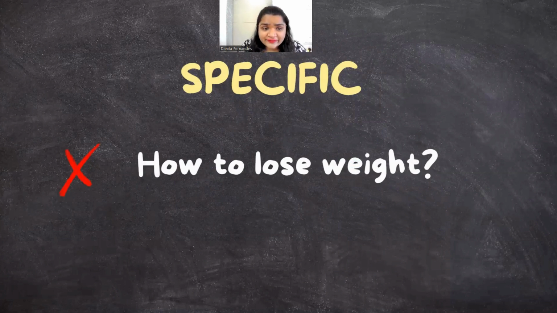When we are specific, our headlines instantly become way better. Now, how to lose weight is a very vague headline, right? It doesn't tell me exactly what will happen. How do I make this headline better?